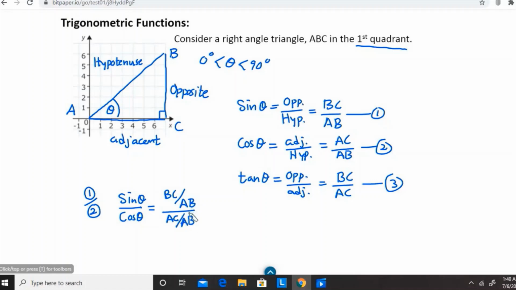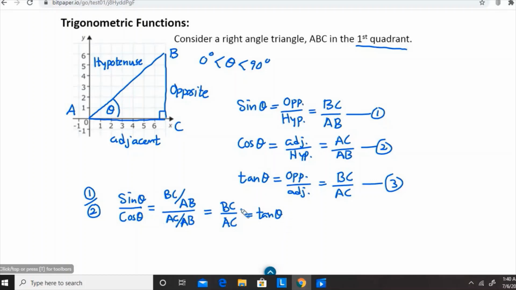You can see these AB's in the denominator of the first term and in the denominator of the second term, they cancel out, and then you get BC over AC. So from equation number 3, you can see BC over AC is nothing but tangent theta.